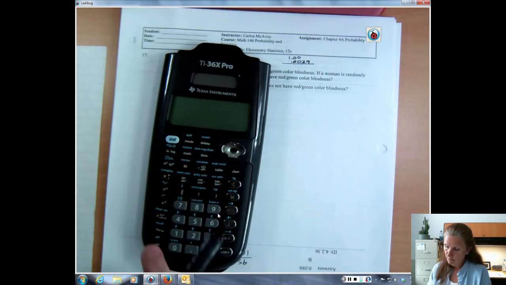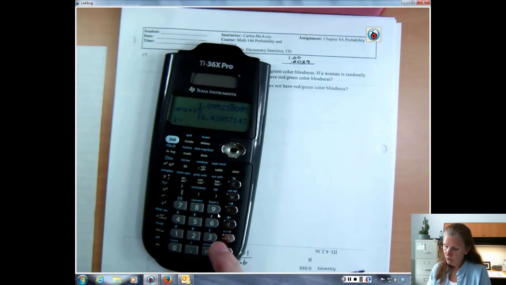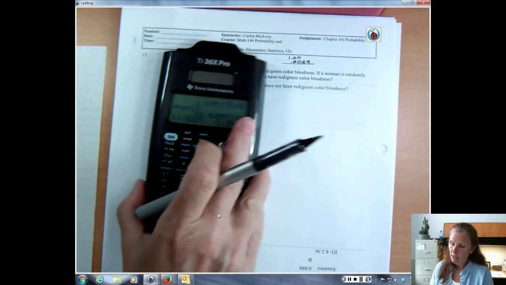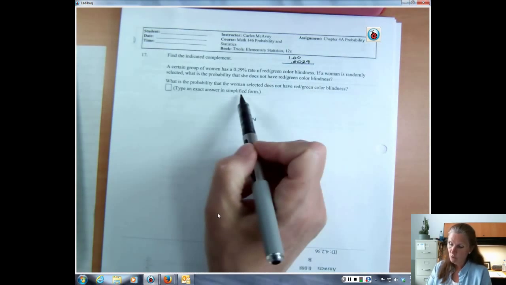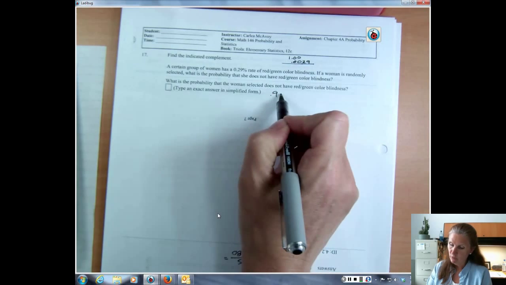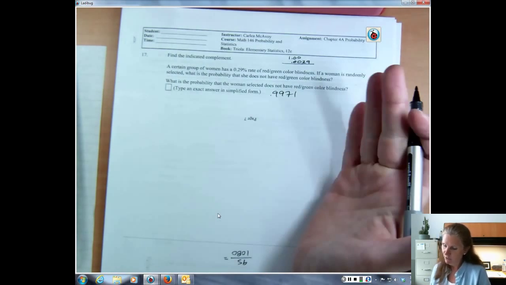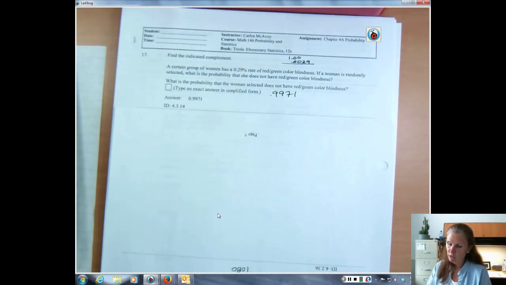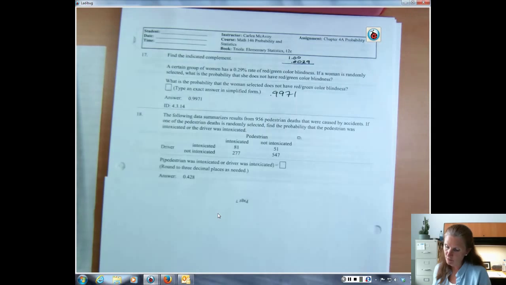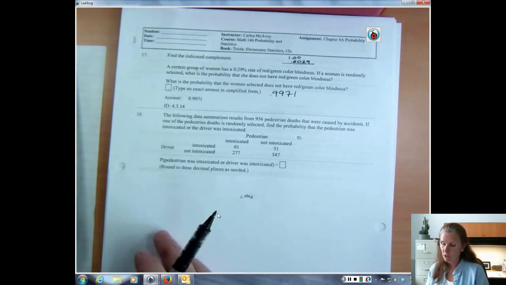And so then I'm going to take 1 minus 0.0029 and I'm going to get 0.9971. And it says type it in exact form, so you would do that, 0.9971. Common mistake, 1 minus 0.29. That's what I did, but that doesn't make sense. It's not 29%, it's 0.29%. It's a very unusual occurrence to have color blindness, especially for women.